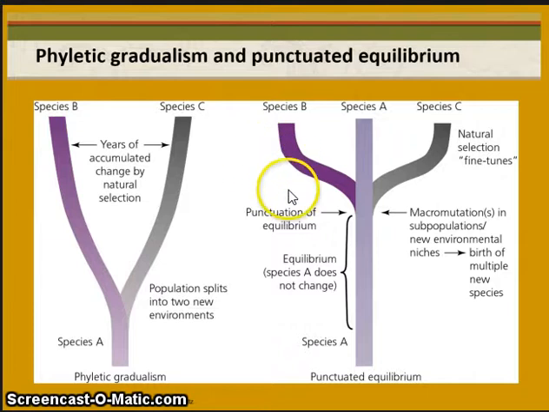However, in terms of cladogenesis or punctuated equilibrium, we have one parent species that can eventually evolve into two, three, or even four different species all at the same time. This is what we call cladogenesis. We see species A continuing to exist alongside similar related species B and species C that all share a common ancestor.